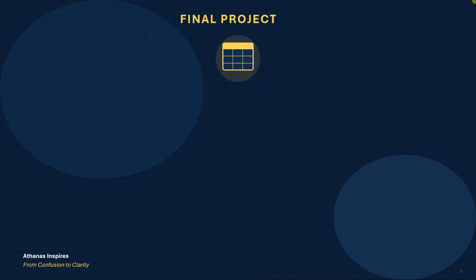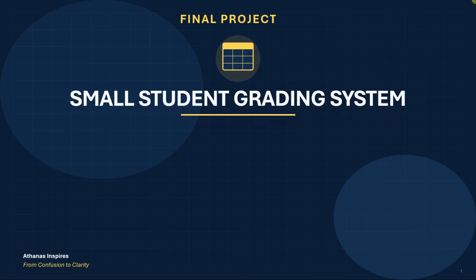We are going to build a small student grading system. This is not only about marks. It's about bringing calculations, decisions, and connected information together in one Excel system. And yes, you are ready.